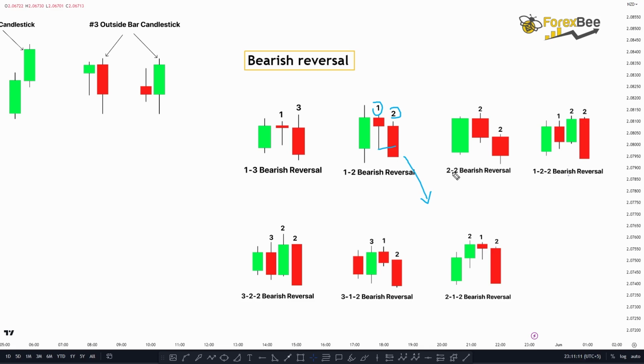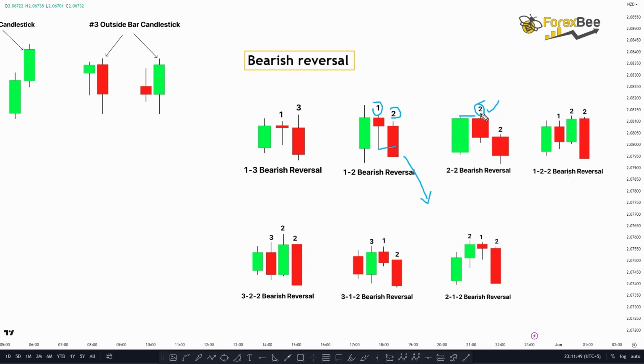Now let's talk about 2-2 bearish. Here we can see the formation of this 2 because the high of this first candle is being broken by the second candle. So this is a trending candle. And one thing I haven't mentioned yet: in the detection of strat patterns, we have to consider the whole range of candles. So we'll be including these highs and lows, and we'll be considering the wicks as well.